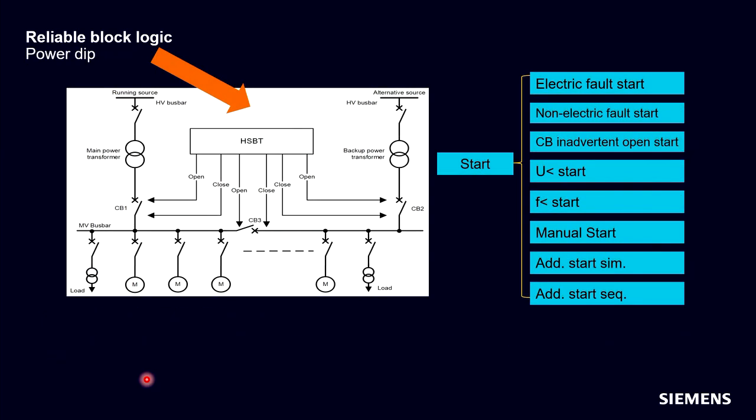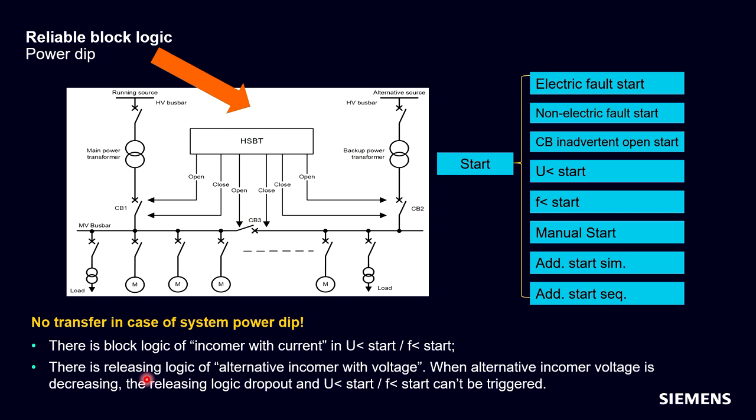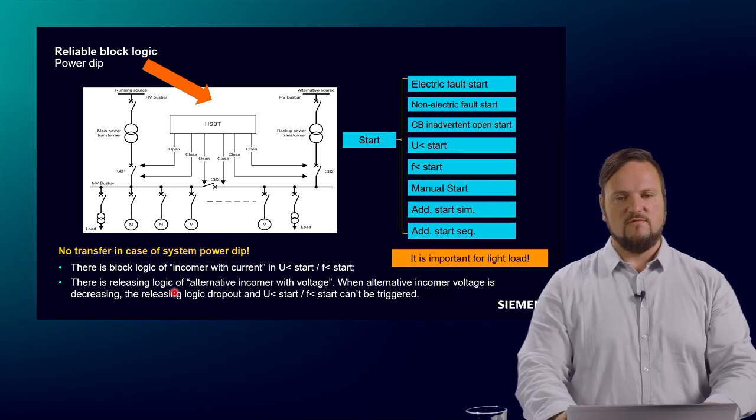Yeah, and finally, we can also have some power dips in the main grid. And in that case, we also do not want to transfer. We have the blocking logic, which is connected with the incomer current, and also we have the possibility, in case of a voltage drop, that we block the transfer.